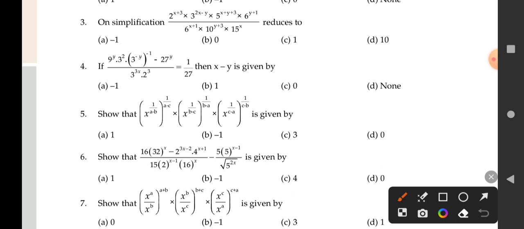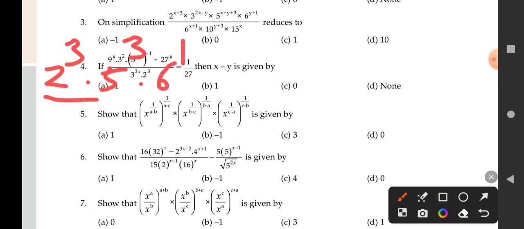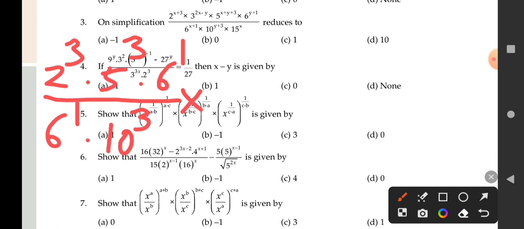Take all the constants on the left side and the variables on the right side. Let us see. 2 power 3 into 5 power 3 into 6 power 1 divided by 6 power 1 into 10 power 3.